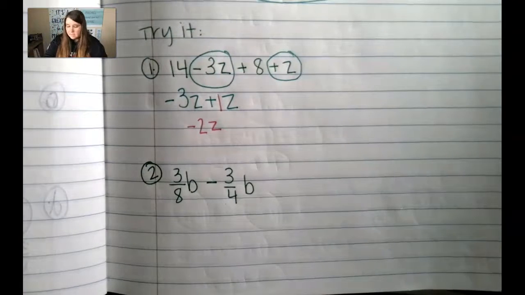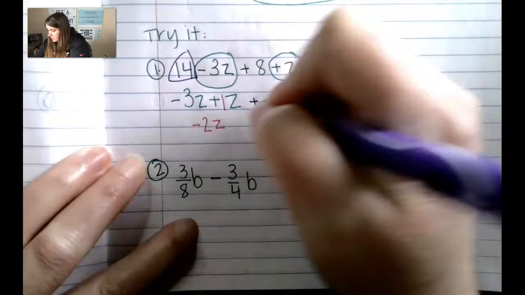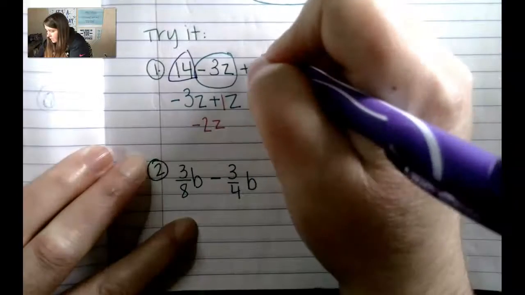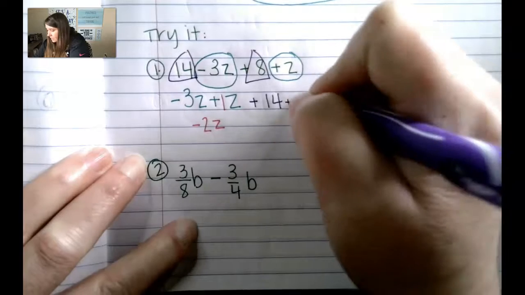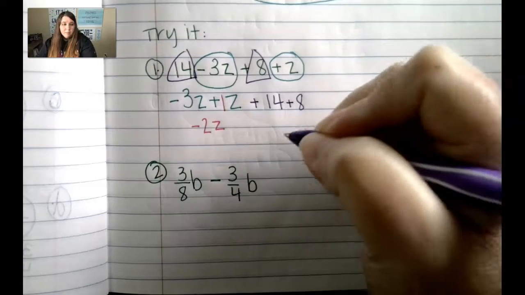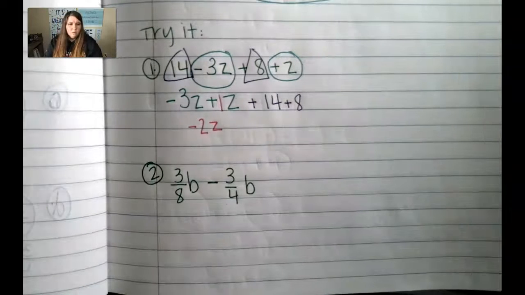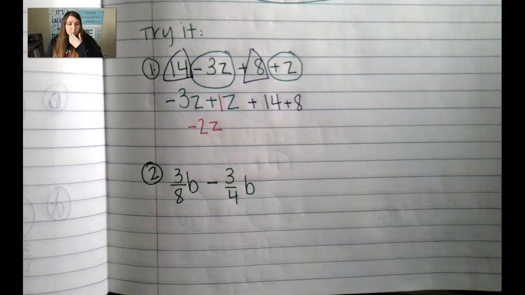And last part of this, I have 14 plus 8. 14 plus 8 gives me 22.